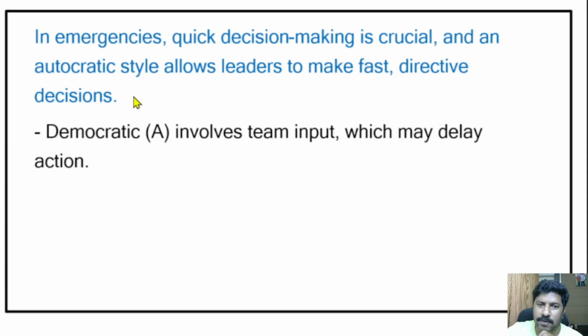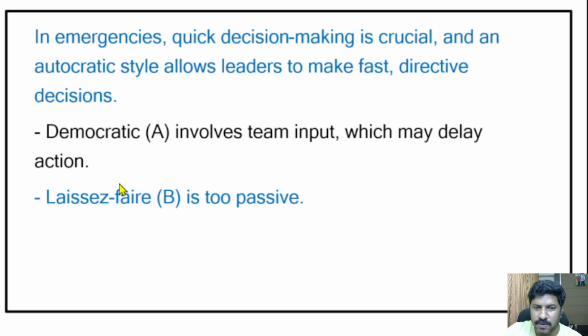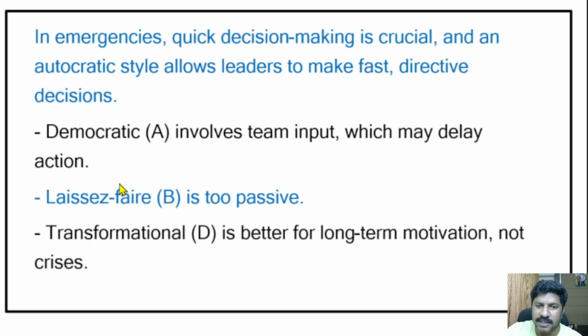Democratic leadership involves team input, which may delay action, so it will take time. In an emergency situation, we cannot use democratic leadership. Laissez-faire is too passive, and transformational is better for longer term motivation, not in a crisis situation.